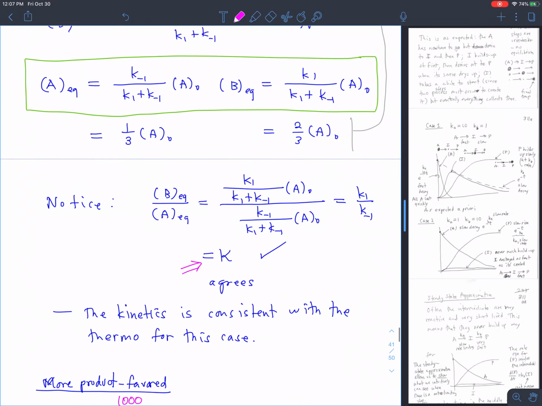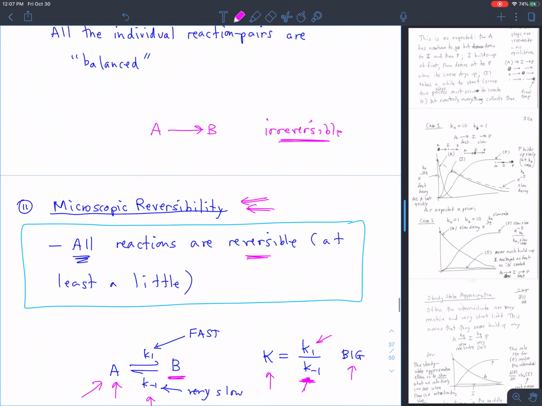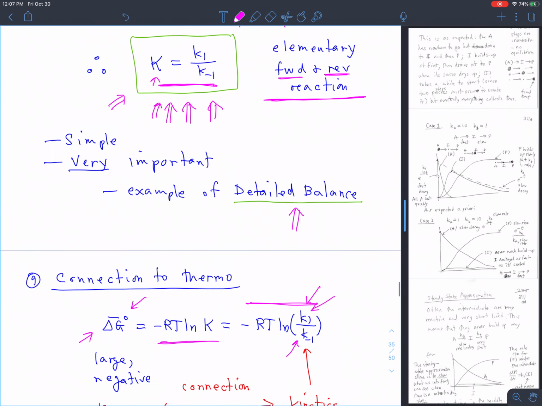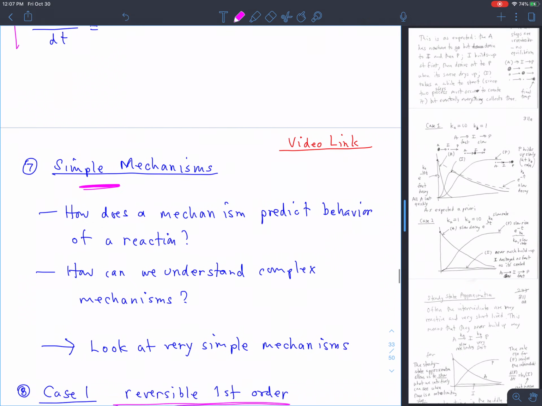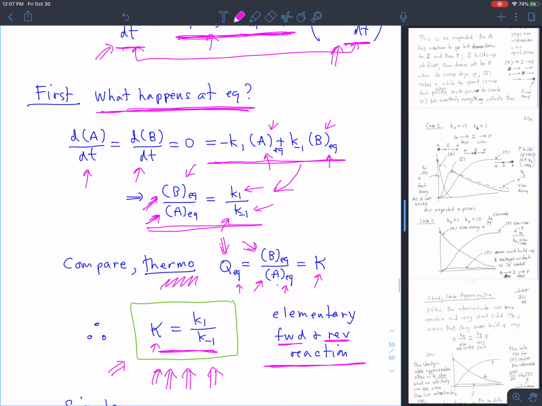Yes, this is a bit of a technical point. Most of you will not encounter this, but just to be rigorous and complete, I should say that up here, where I say that at equilibrium I set all the rate equations equal to 0, that's true, but remember that there's such a thing as a steady state.